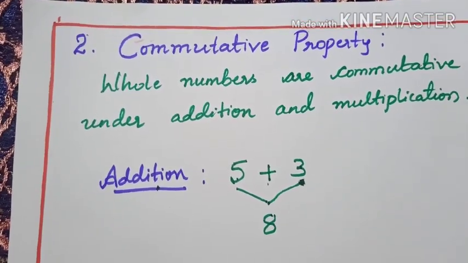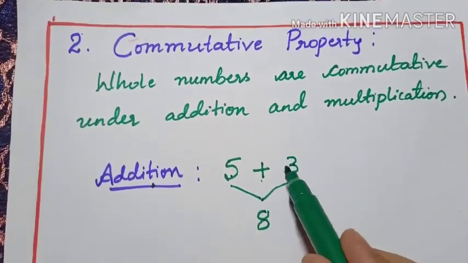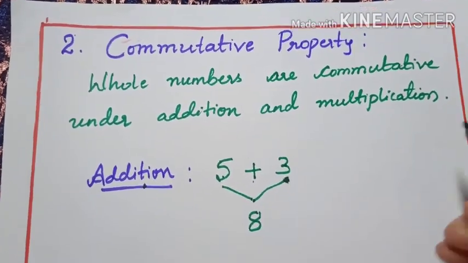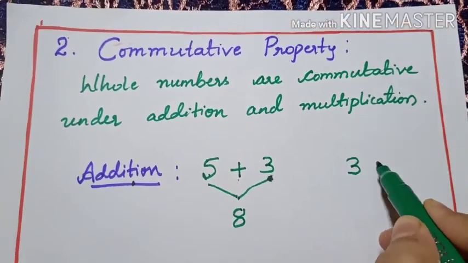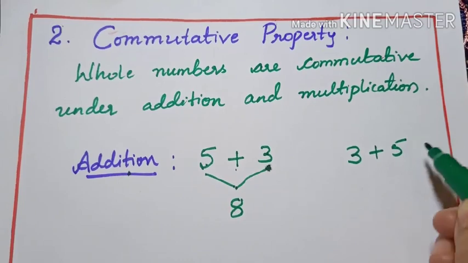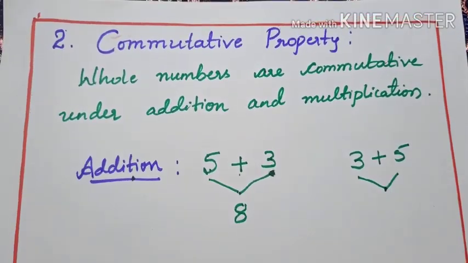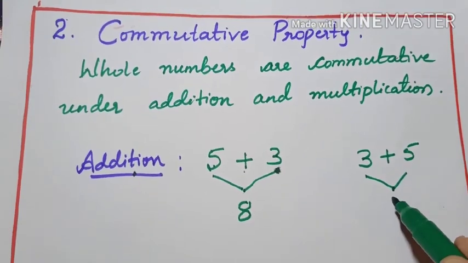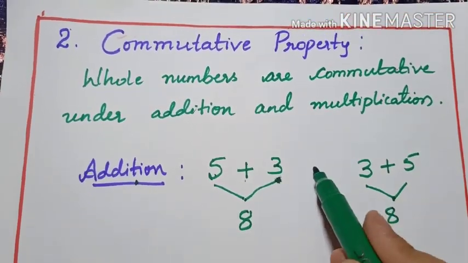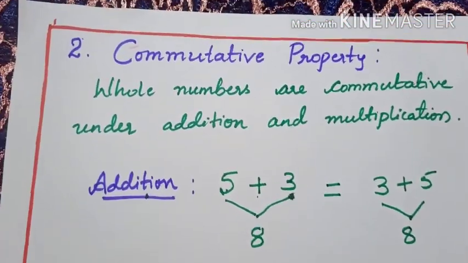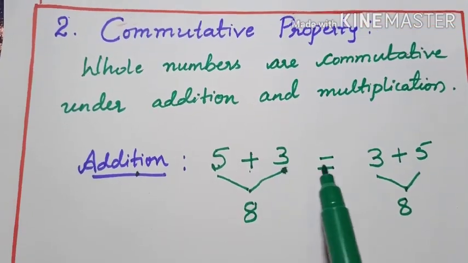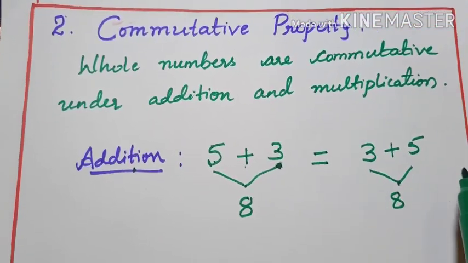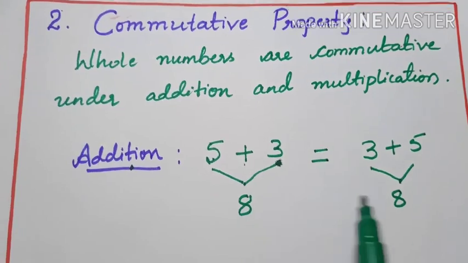Fine. When you add these two numbers in the reverse order, that is 3 plus 5, what answer do you get? Does the answer change? No. 3 plus 5 is also 8. Means these both are equal. 5 plus 3 is equal to 3 plus 5, as the answers are the same.